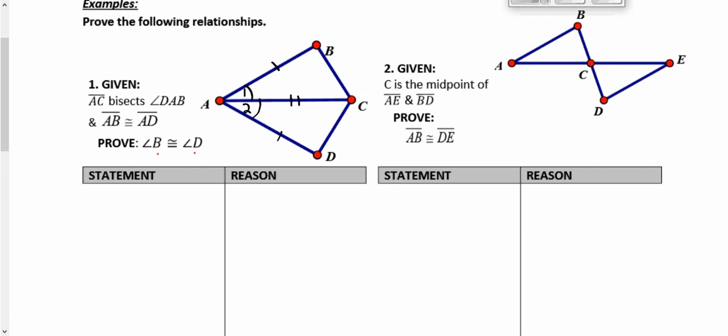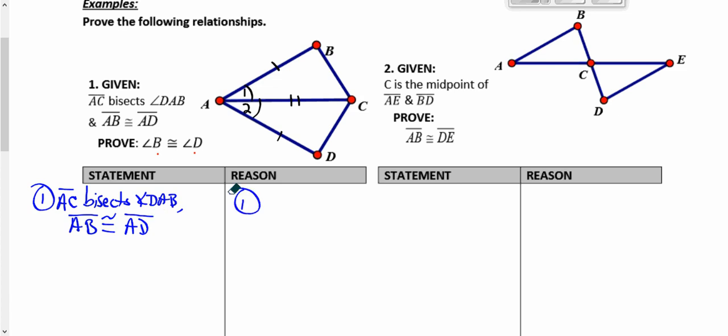Let's get the given in here then. So here's the first statement: AC bisects angle DAB and AB congruent to AD. Reason for that statement? Given. And again, nowhere in the given does it say any angles are congruent.